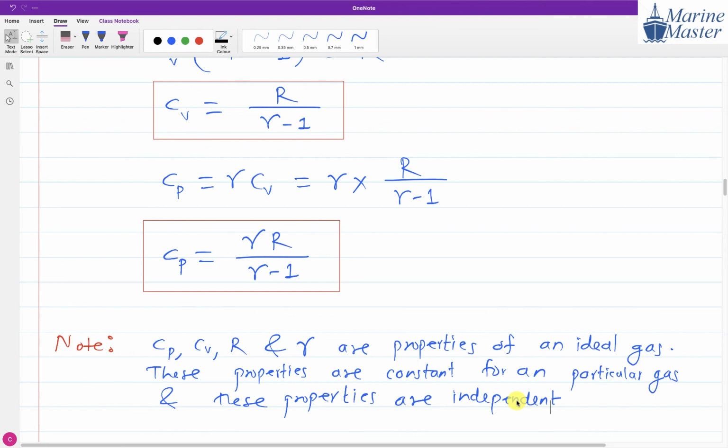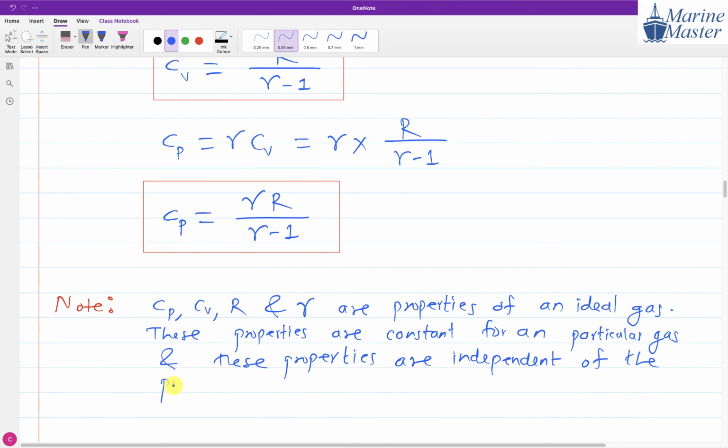Whatever may be the process, Cp, Cv and R are constant for a particular ideal gas. These 4 properties are fixed. I'll just note it down.